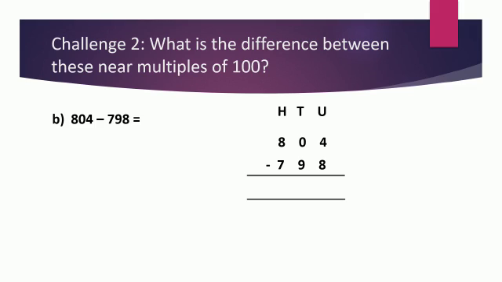Now start. How will you do it? You will start from unit, and the unit number is 4. 4 minus 8. It is not possible, yes. So what will you do? You will move to the next number. It is your friend, so you will take carry from your friend. It is 0, but 0 can't help you.